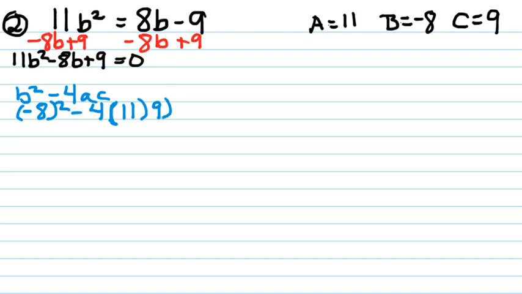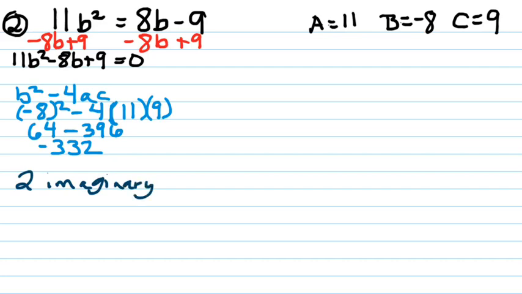And so negative 8 squared is a positive 64 minus 4 times 11 times 9, which is 396. So when I subtract these, I end up with a negative 332. So that tells me that on this problem, I have 2 imaginary solutions, or 2 complex solutions.